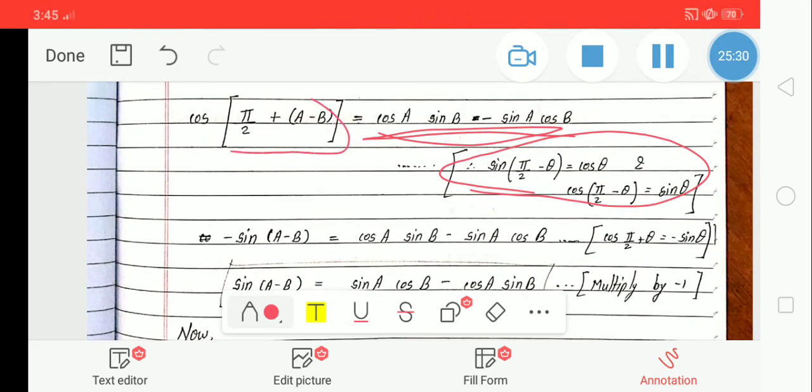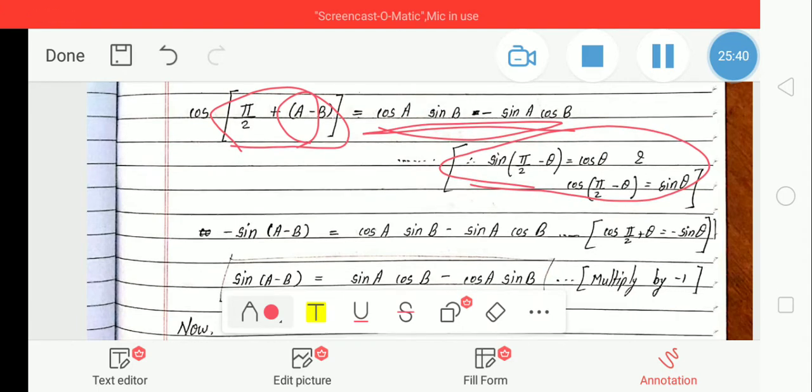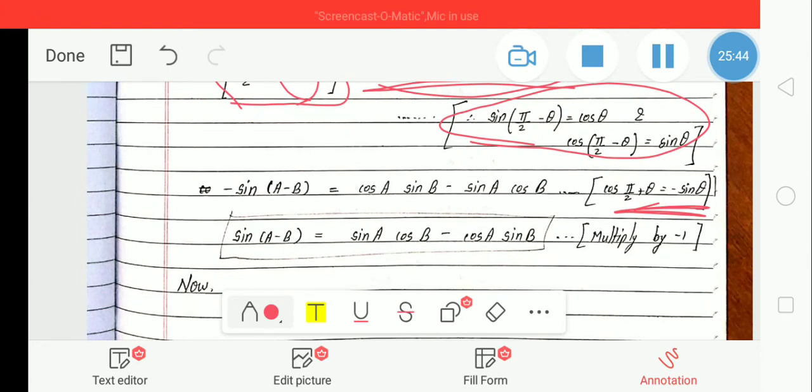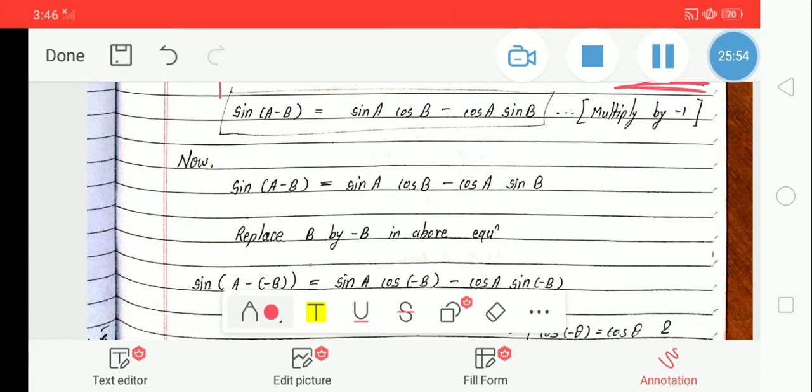Here also we put cos of pi by 2 minus (A minus B) equals sin(A minus B), multiplied by minus 1. So the minus sign gets cancelled, giving sin A cos B minus cos A sin B.